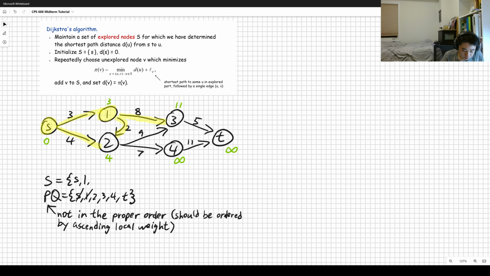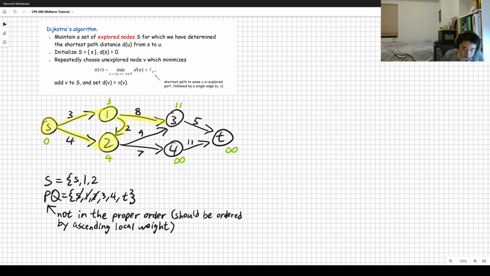So what's the next node from the priority queue? From the priority queue, you should have number 2. Number 2 is the unvisited node with the smallest local weight, which is 4.